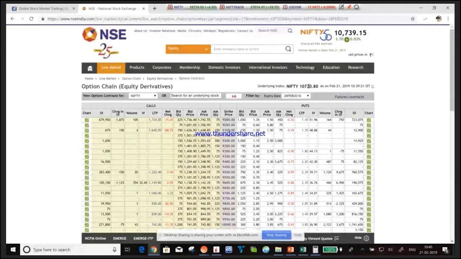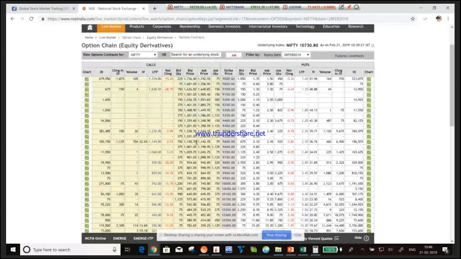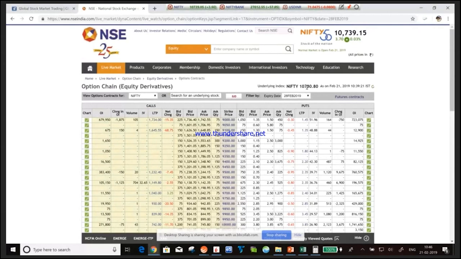So what is going to be the at the money strike? 10,700 is the right choice because we are trading at 10,730, right? So which is closer to 10,700. If it was about 10,750, then you would take 10,800.